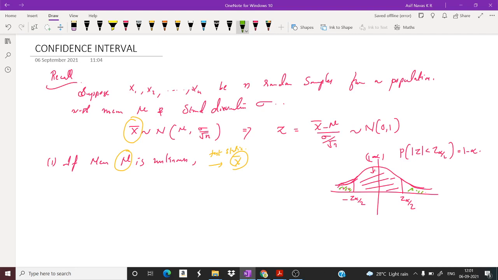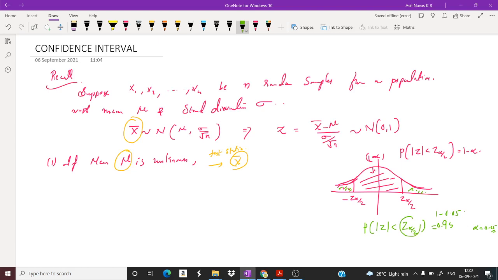So if we want to calculate P of mod z less than z alpha by 2 equal to 95%, or 0.95, that is 1 minus 0.05, that is alpha is equal to 0.05.